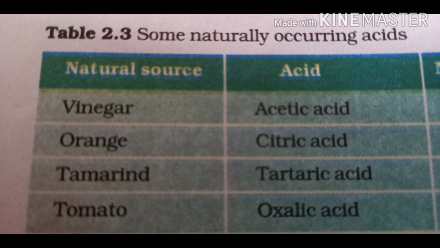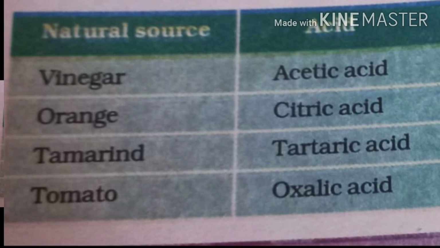It is obtained from vinegar. The second acid is citric acid and its source is orange. The third acid is tartaric acid obtained from tamarind. The fourth acid you can see here is oxalic acid obtained from tomato.